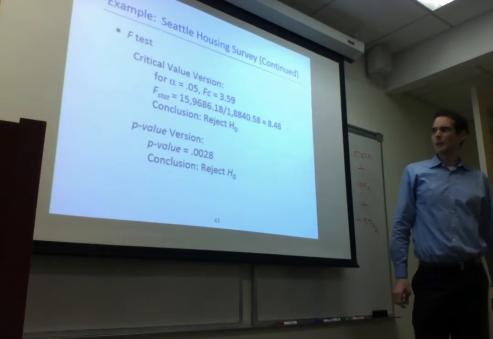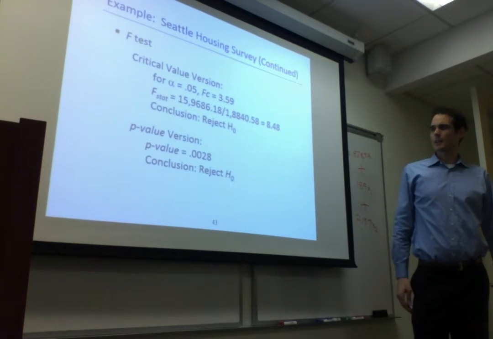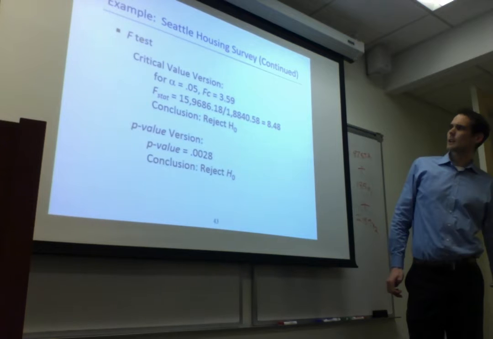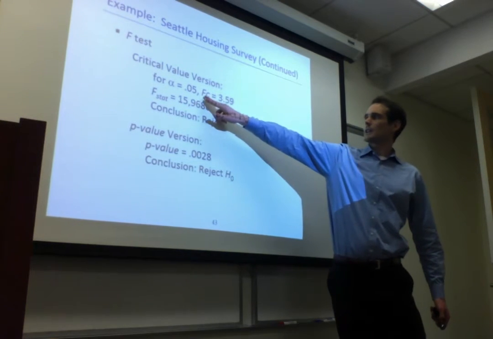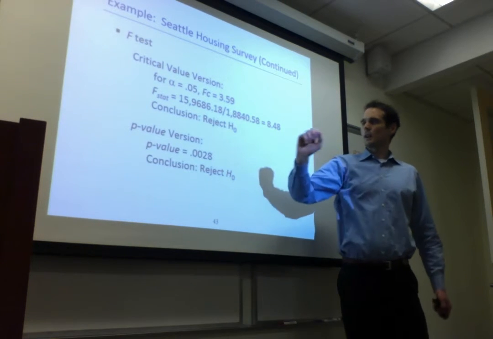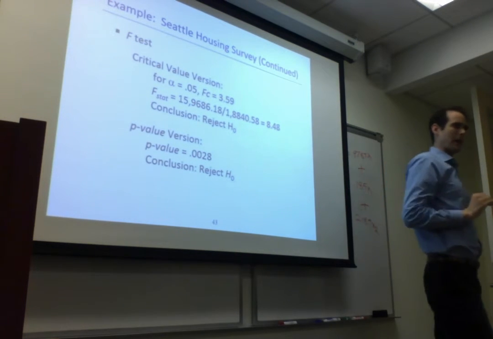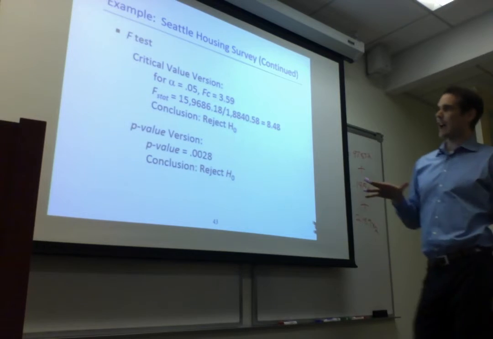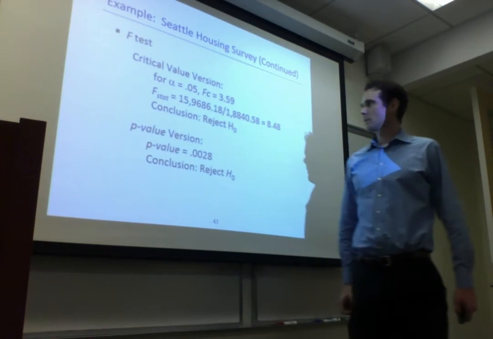Now you can see we've got the answer here. Reject the null hypothesis that this is not significant. But let's do a quick check. We've got the F critical value of 3.59, but let's just confirm that. Let's look in the back of our textbook at the F table, and let's look at a 5% significance.